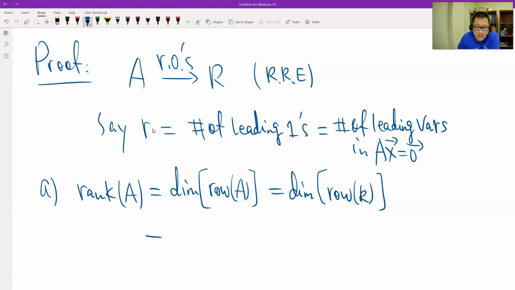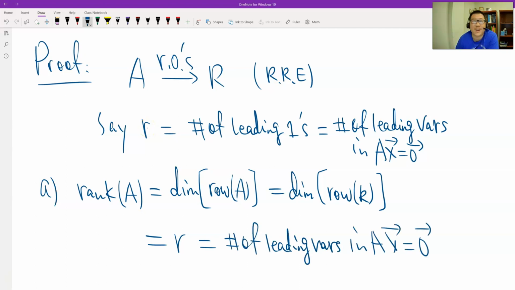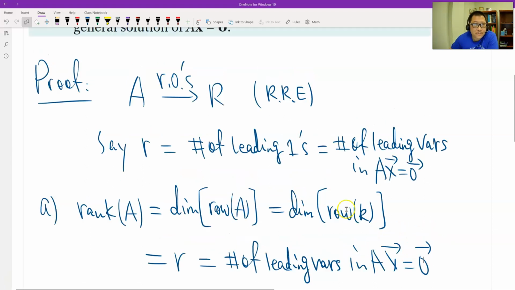And therefore the rank equals r. What is r? r is the number of leading variables in the homogeneous linear system. So we definitely find that the rank means the number of leading variables in the general solution of AX equals 0, right? So that's true.